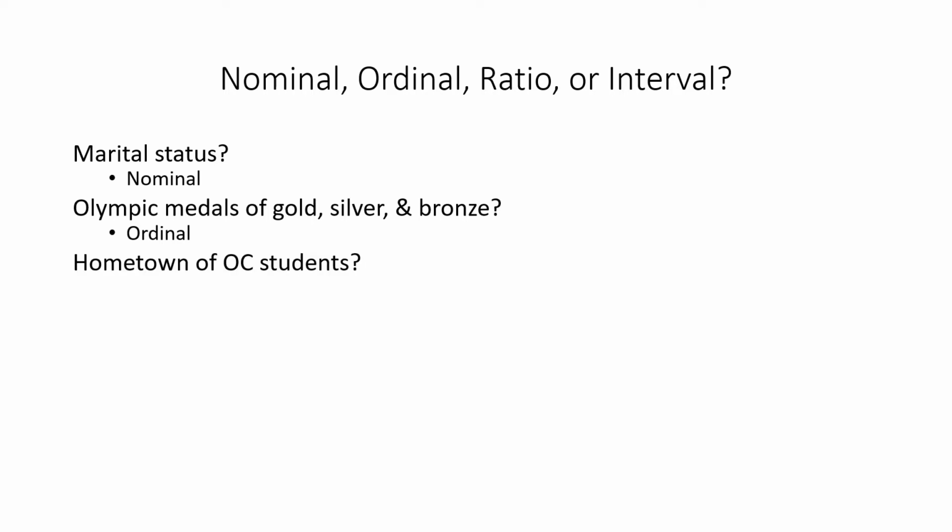How about hometown of students? This is also nominal because your town is a category. And let's say there's a few people from Lansing, somebody from Detroit, a few people from Grand Rapids, some people from some small towns. Those are categories.